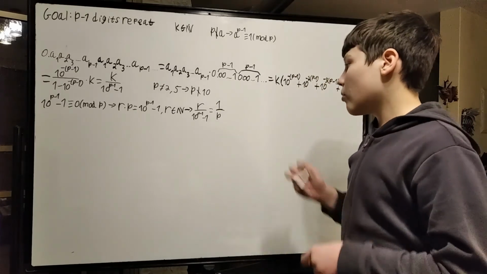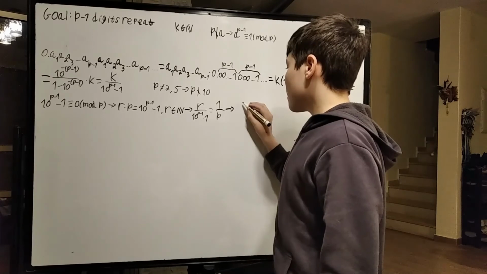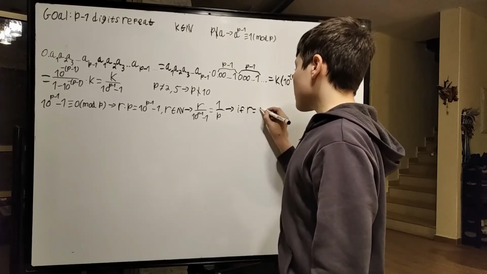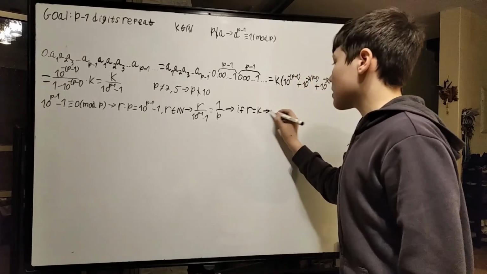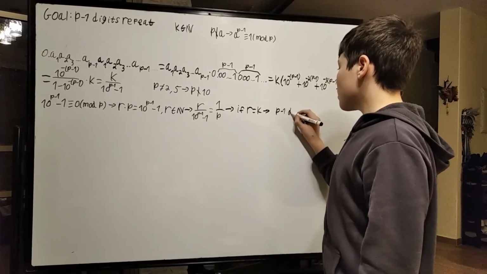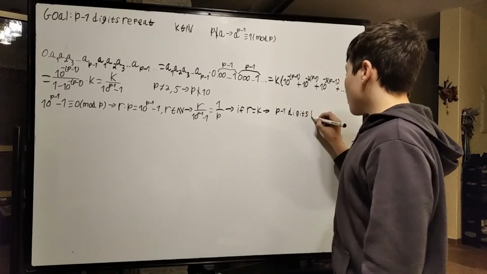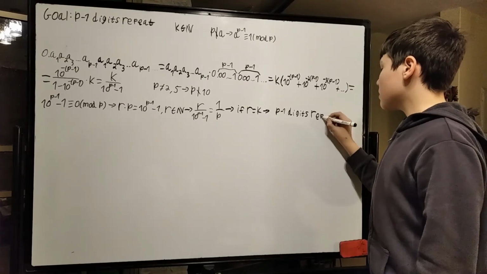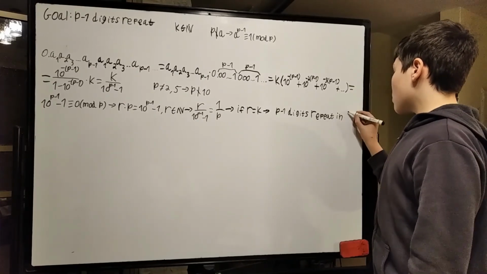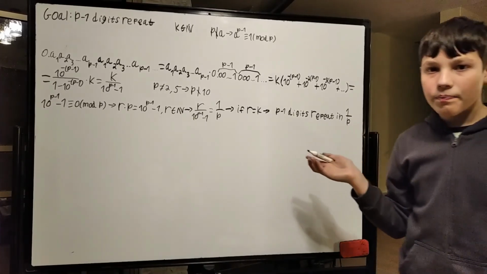Okay, now we can say that if r is equal to k, and it can equal k, then p minus 1 digits repeat in an expansion of 1 over p.